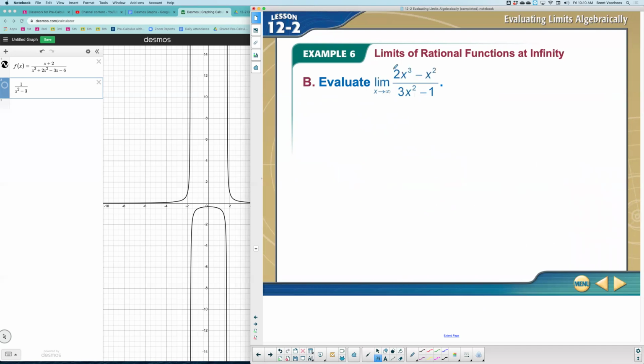Part B, I look at it and I see that the power is bigger on the top. So if it's bigger on top, I'm going to say the answer is going to be plus or minus infinity. Now, how do you know? This is typically viewed as a shortcut.